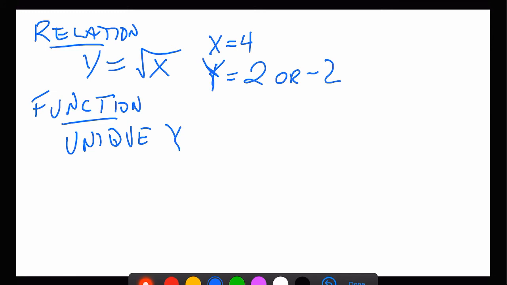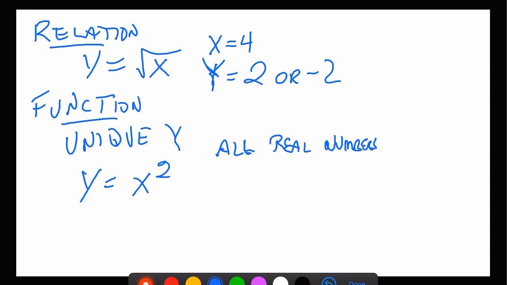If, on the other hand, I said y equals x squared, now every time I put an x in there, I get exactly one y. The domain is all real numbers. But the values of y all have to be 0 or positive.